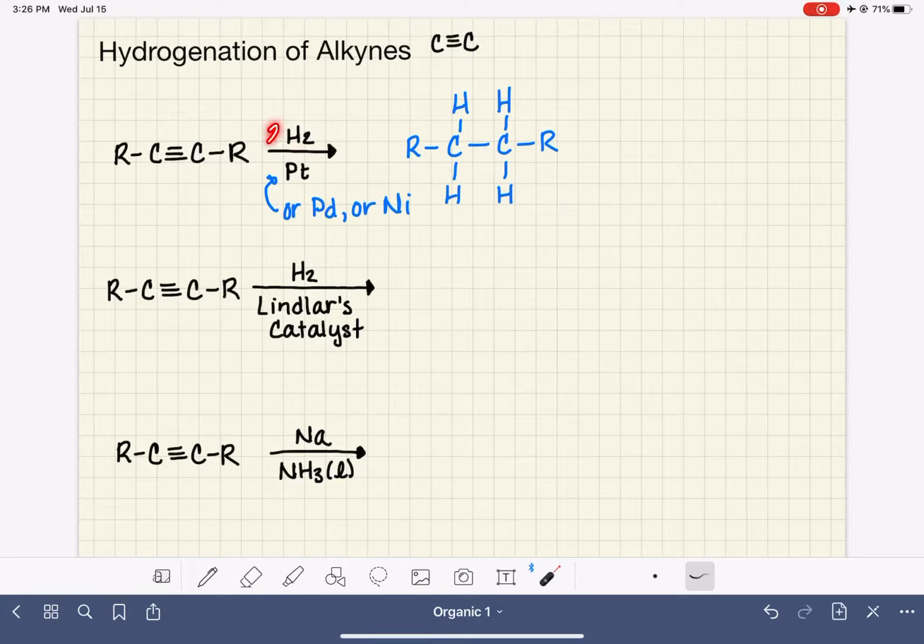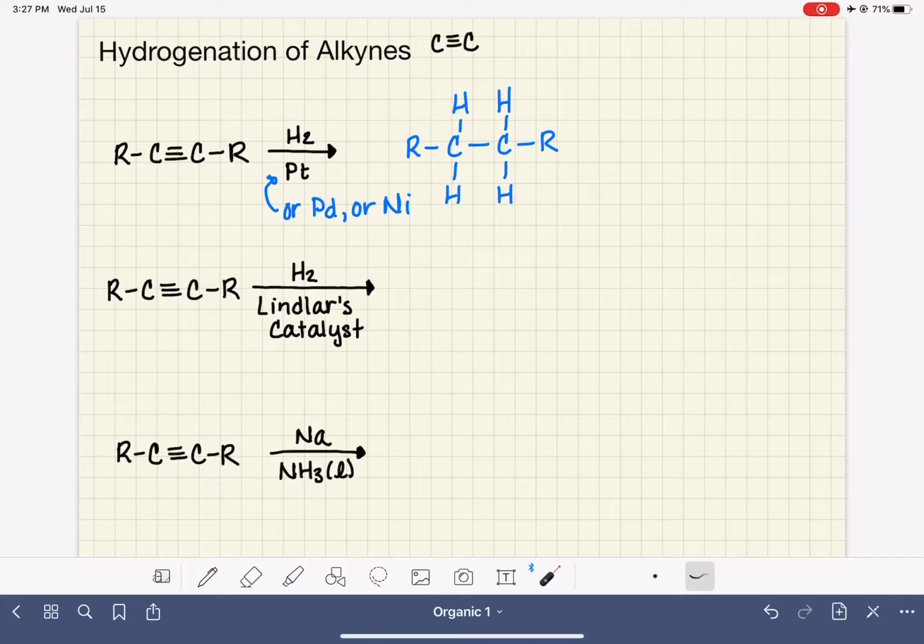We are, in fact, reacting it with 2 H2 molecules, putting 4 total hydrogens. But in this particular reaction, it is very common for us to just write H2 as the reactant, not 2 H2 or excess H2. And when we see these reagents combined with an alkyne, we all understand that it's going to react all the way to an alkane.